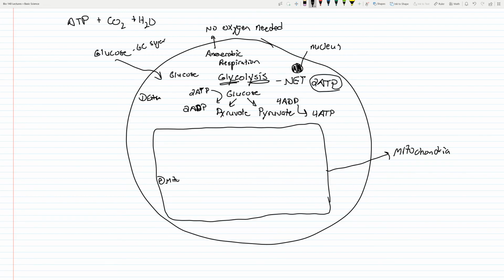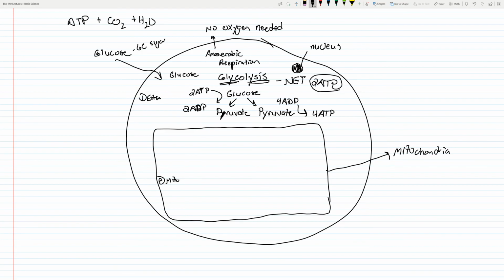I want you to remember this. There are 3 things I want you to remember when we talk about glycolysis. One, it's anaerobic. We do not need oxygen for it to happen. It happens in the cytoplasm. We take glucose and cut it into pyruvate, and we get 2 pyruvates.